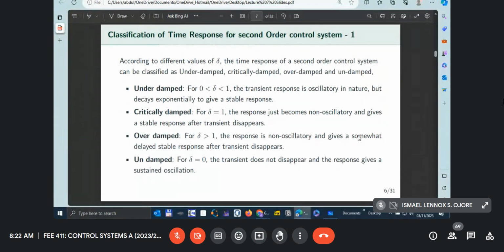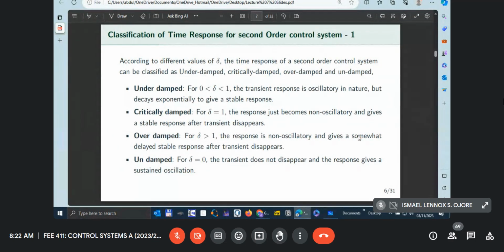After the transient response, we have some oscillation. Critically damped is when we have a damping ratio equal to 1. In this system, we don't have oscillations.